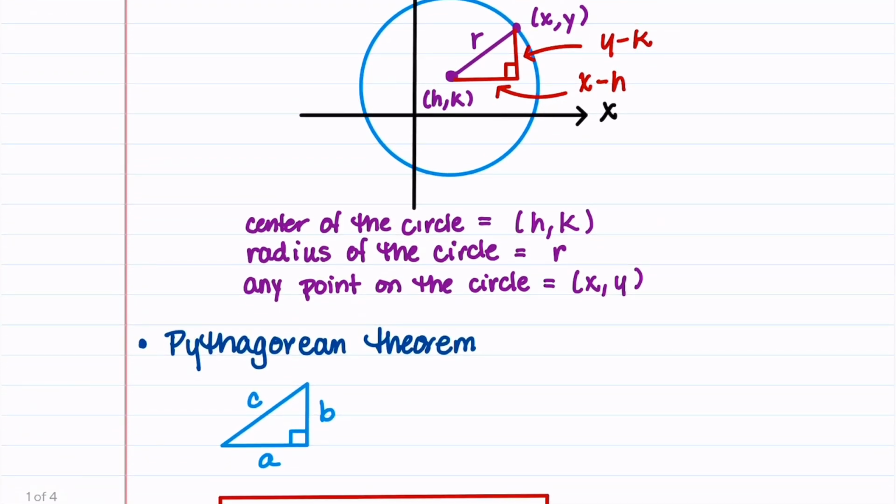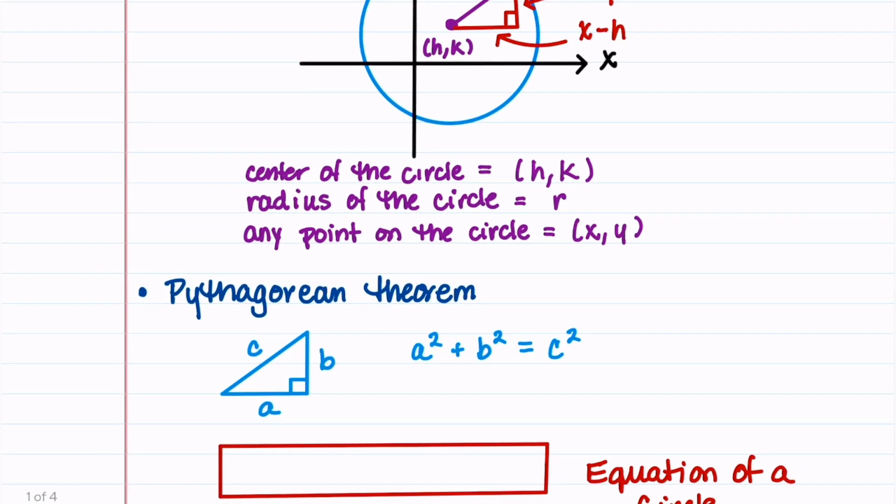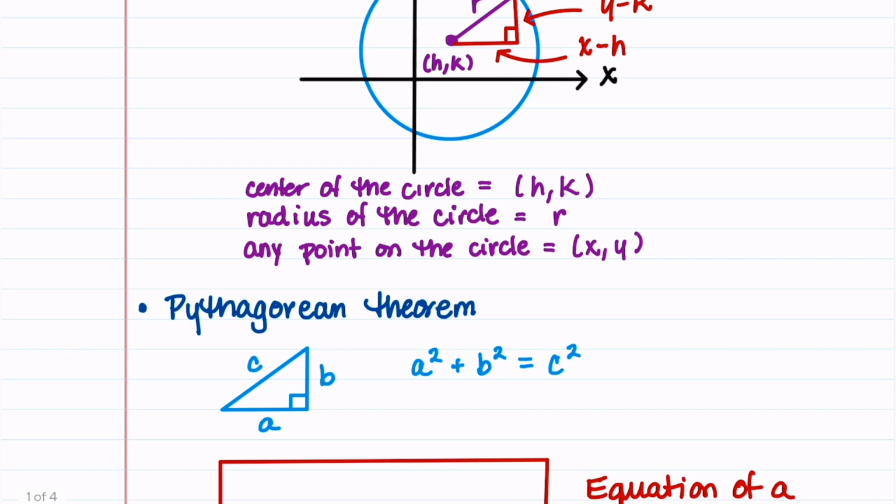The Pythagorean theorem tells us that a side squared plus another side squared is equal to the length of the hypotenuse squared. If we compare this triangle to the triangle we have above, we see that a is equal to x minus h, the bottom leg of the triangle.